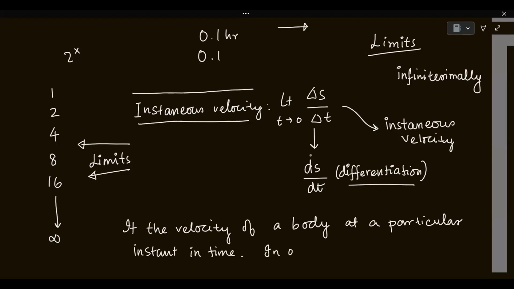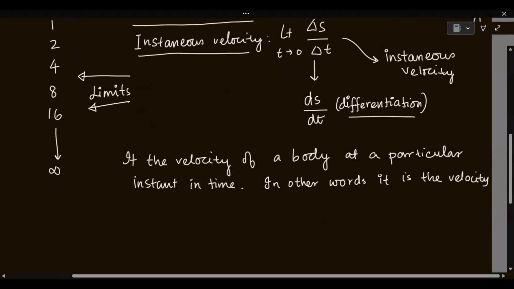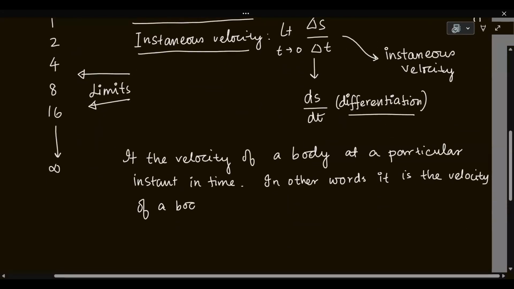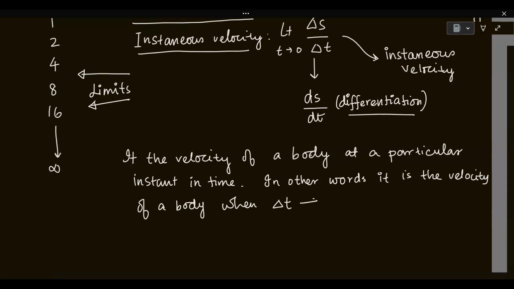In other words, it is the velocity of a body when delta t tends to zero.